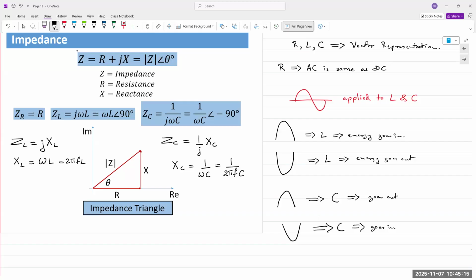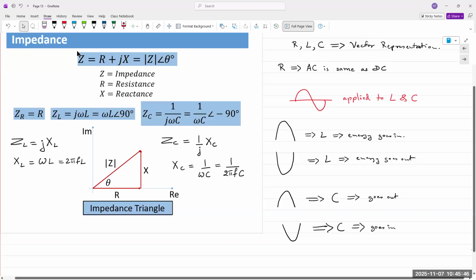So if you have both in the same system, if the inductor has a higher value than the capacitor, then you have a positive reactance. If capacitor is larger than the inductor in terms of energy storage, then you have a negative reactance overall. Okay. And then the hypotenuse is the magnitude of that impedance. So magnitude Z.